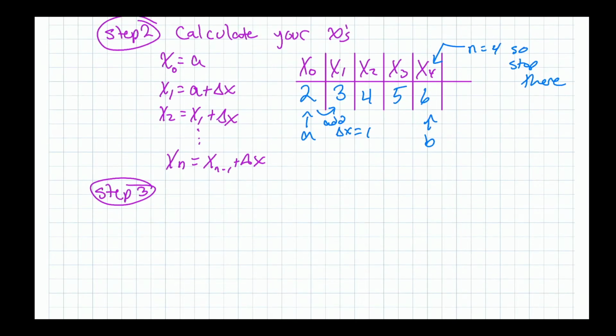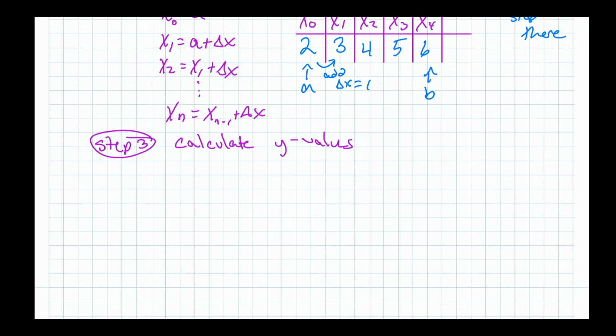Step 3, you need to calculate your y's. Again, you could do it with like y0 is f of x0, y1 is f of x1 until you get to the end.